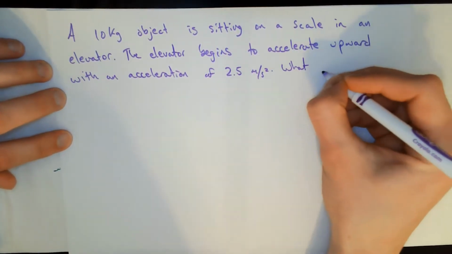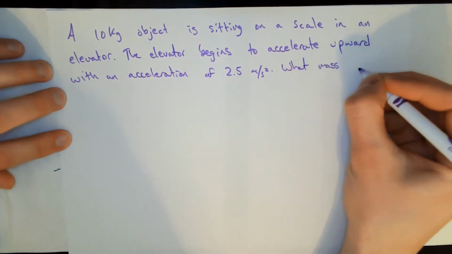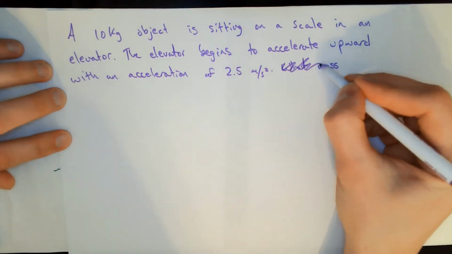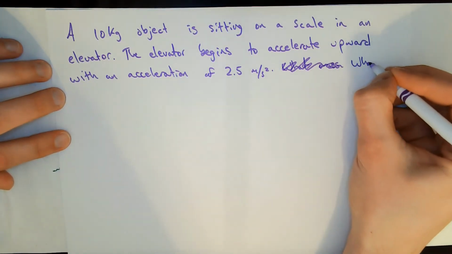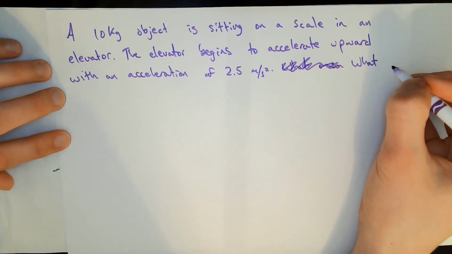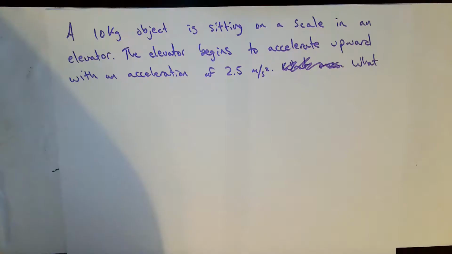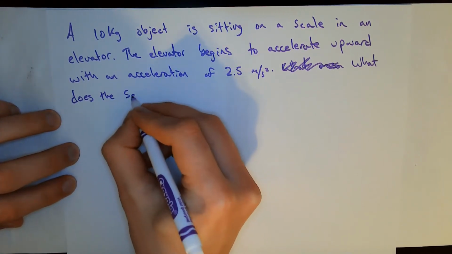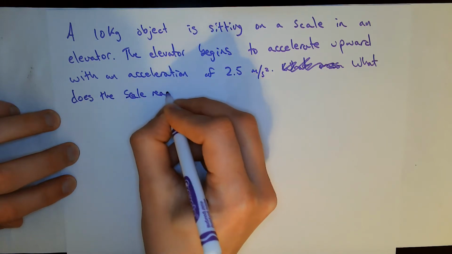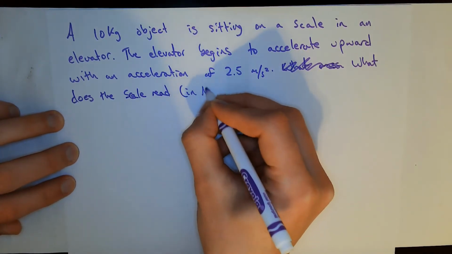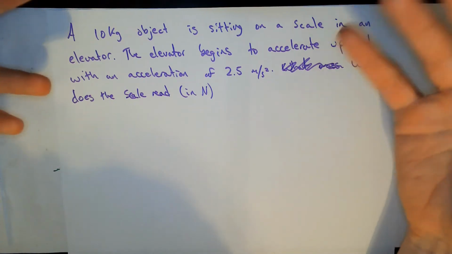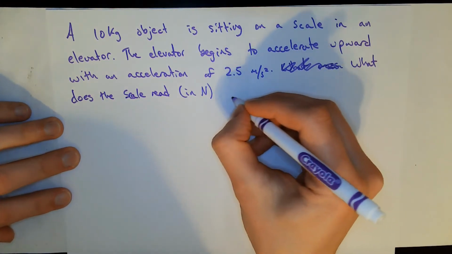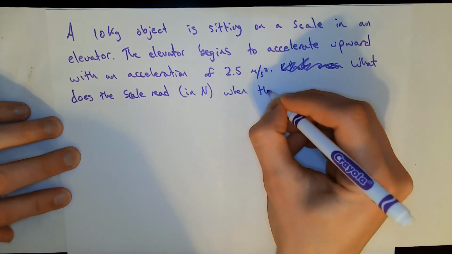Let me think about how to say this. What does the scale read in newtons? This is like a scale that gives weight in newtons. What does the scale read in newtons when the elevator is accelerating?